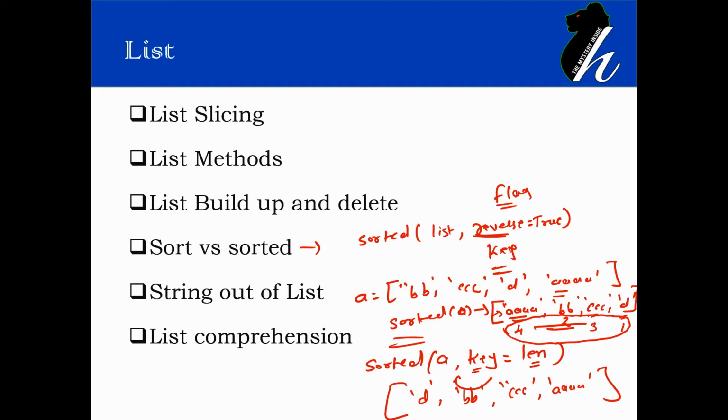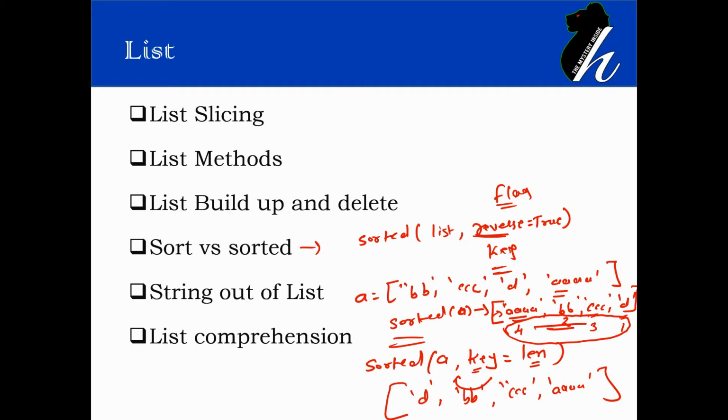Once again, in a nutshell, sort is a method on a list that modifies the underlying list and returns None, whereas sorted is a function which takes a list as an argument and returns a new list in sorted order. Whenever we use sorted, it is not going to modify the original list.